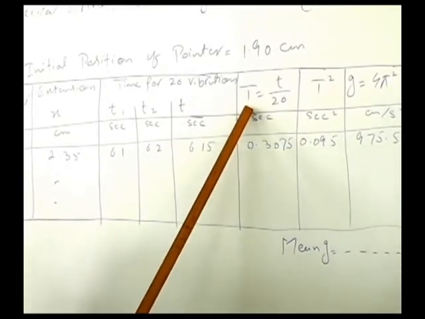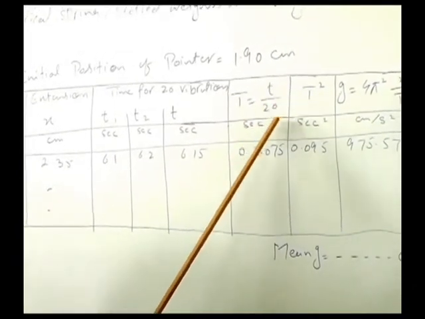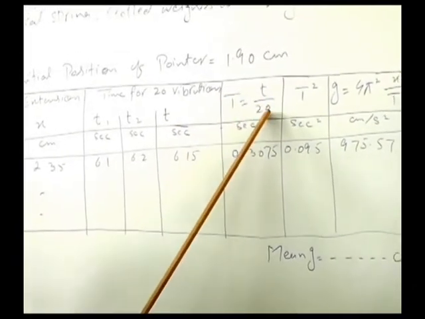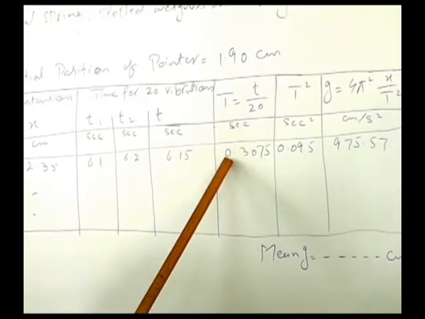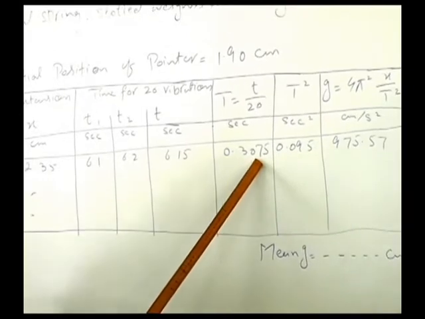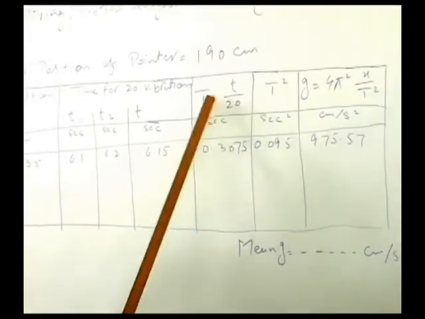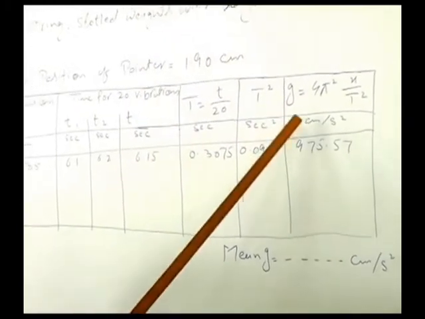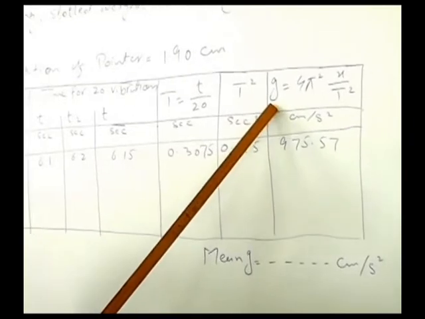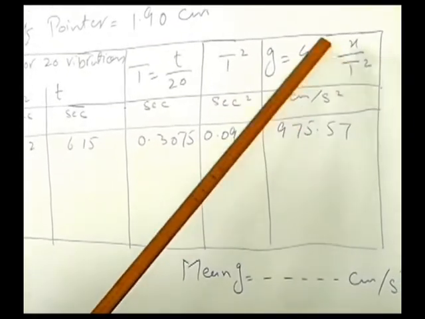As this value is for 20 vibrations, we have to calculate the time period, which is time divided by 20. This gives us the time of one vibration, which is 0.3075. According to the statement of the experiment, we have to calculate the value of g.